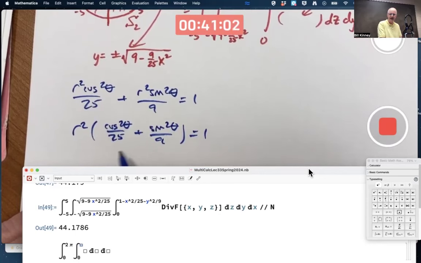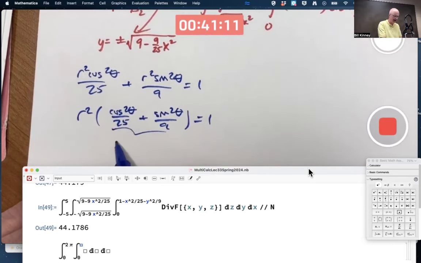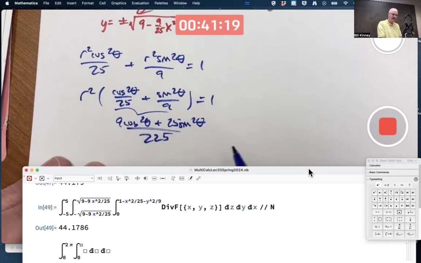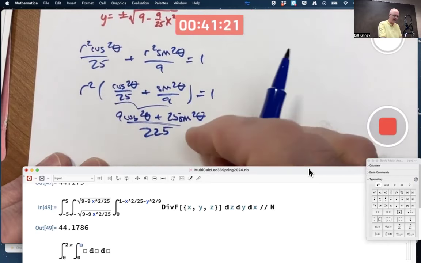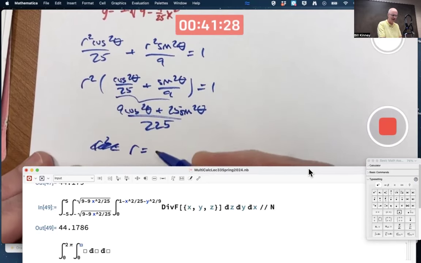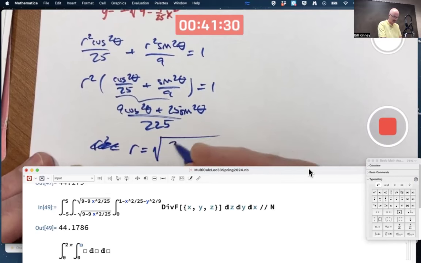You could get a common denominator of 25 times 9, 225. This could be thought of as 9 cos squared theta plus 25 sine squared theta over 225. Solve for r squared by multiplying both sides by the reciprocal, and then solve for r by taking a square root. And we could take the plus square root.